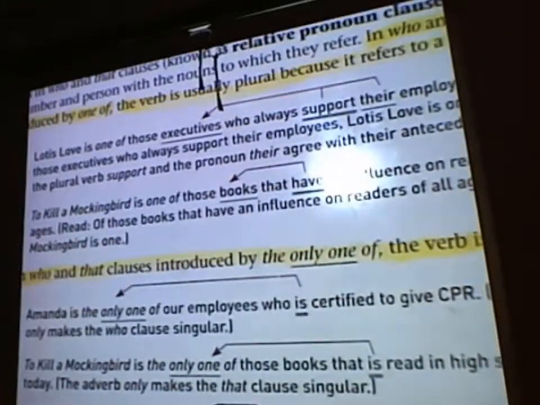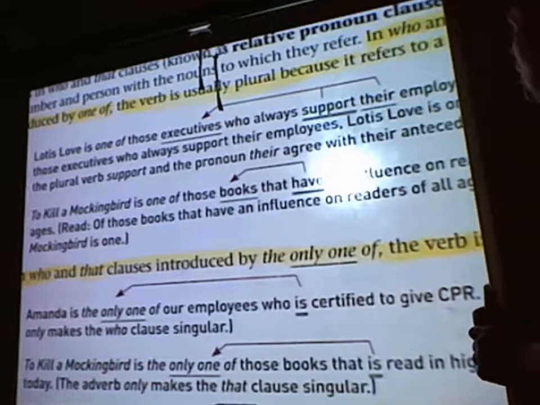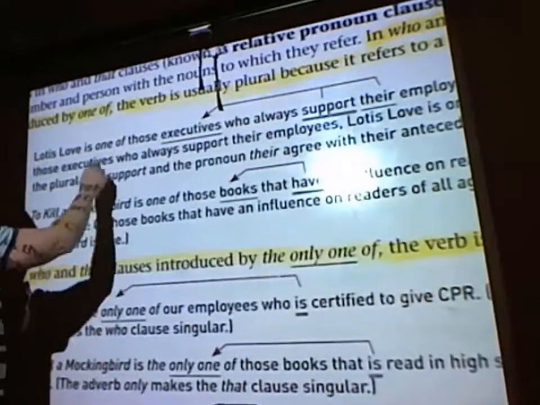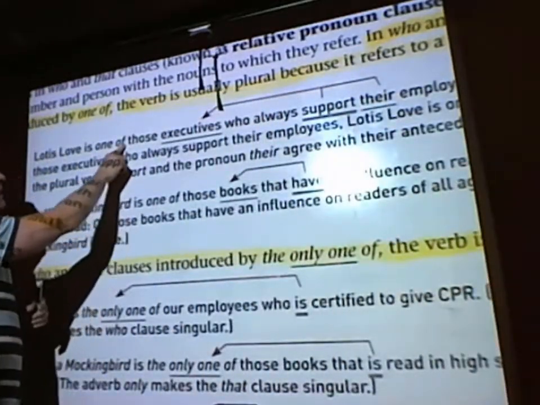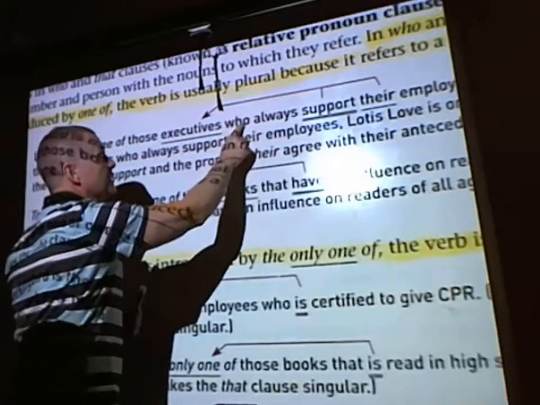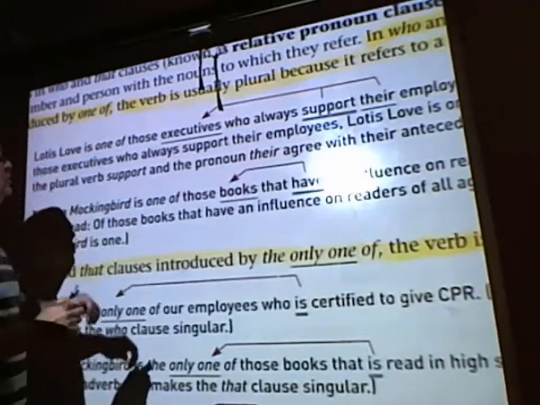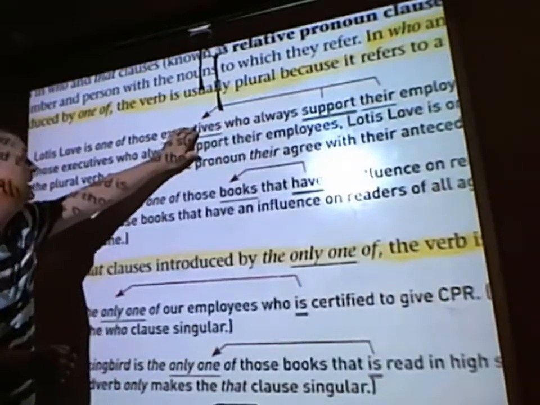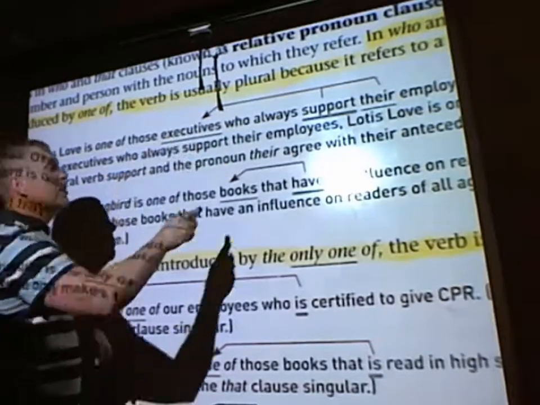Lotus Love is your subject, is one of, and then the who clause is usually referring to executives. Who is referring to executives, which is plural, so the plural pronoun supports the plural subject, and the verb is also considered to be plural.